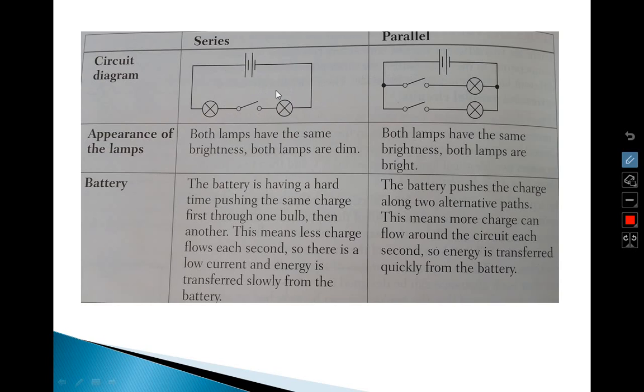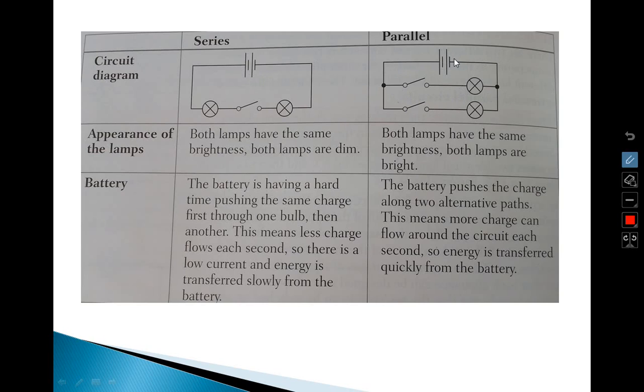Voltage here is different. Voltage here is the same. So both lamps here have the same what? Brightness. But the lamps are what? Dim. So the current is the same, the voltage is not. Here, both lamps have the same brightness, but both of them are bright. So the current is different, the voltage is the same.